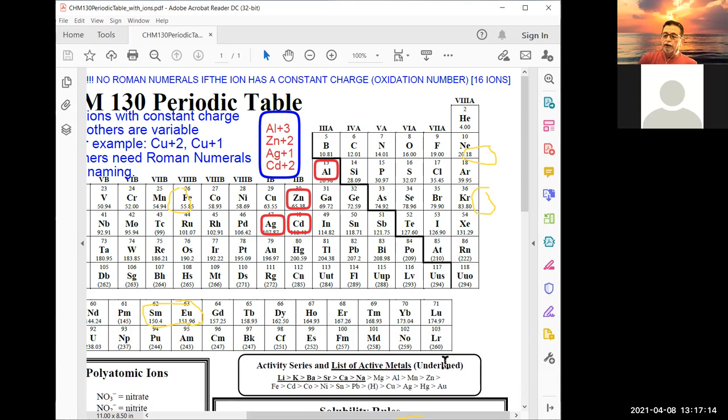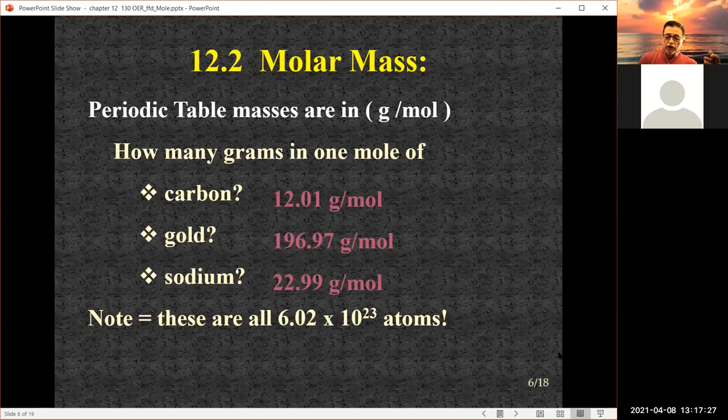Now, right now, we're talking about the atoms themselves, just the atoms. But let me go back to when we talk about the molar weight or the molar mass of, say, water.